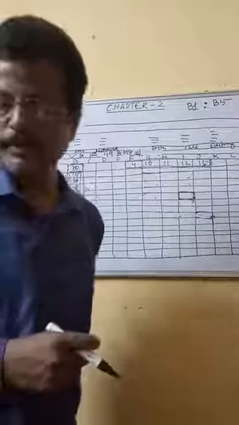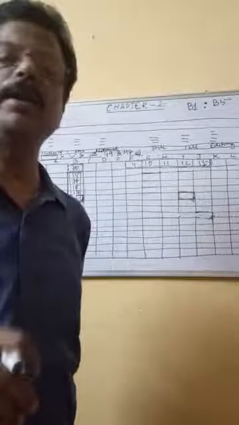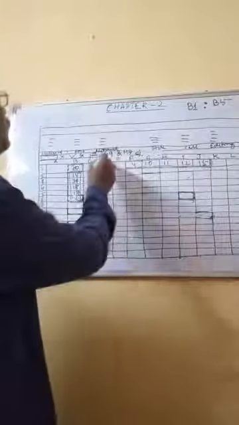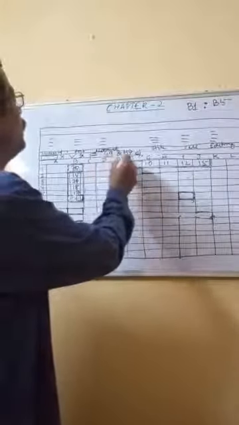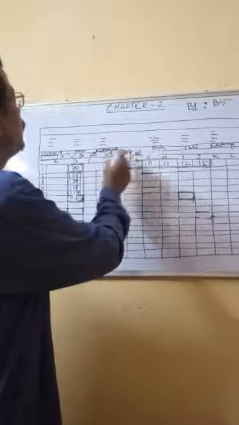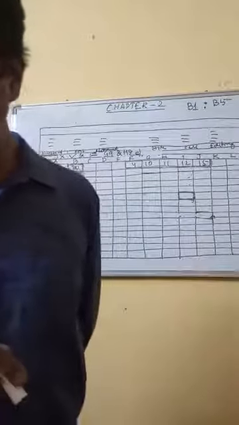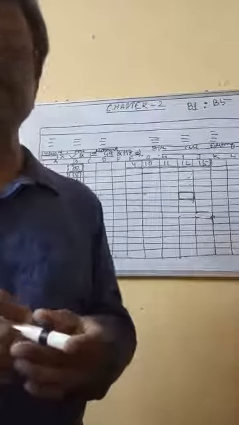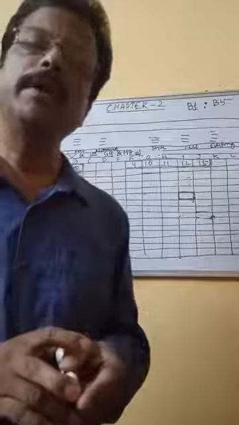The cell address that you use in a formula, for example G9 and H9, written with the row number and column number, is the cell reference. A cell reference consists of your column number and row number.